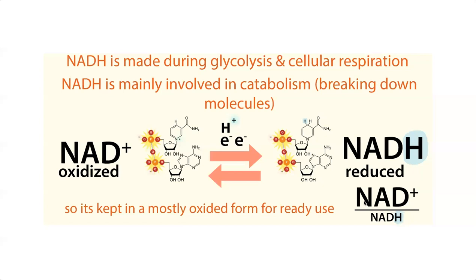The amount of energy you get from the pass-off is going to depend in part on that NAD+ to NADH ratio, because the bigger that ratio is skewed, the more out of balance it is, the more energy you'll get when you get towards its equilibrium.